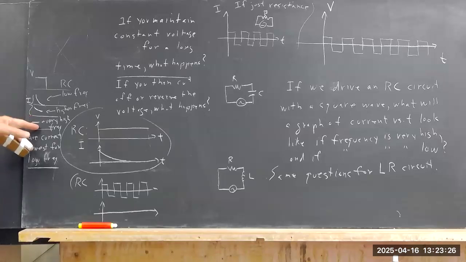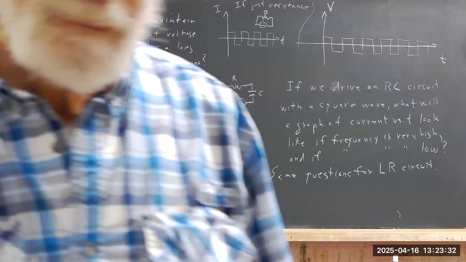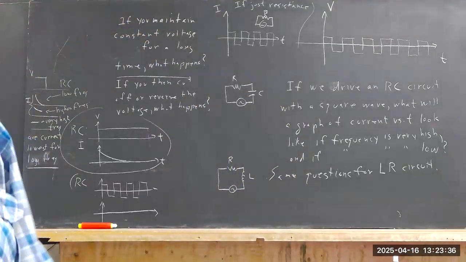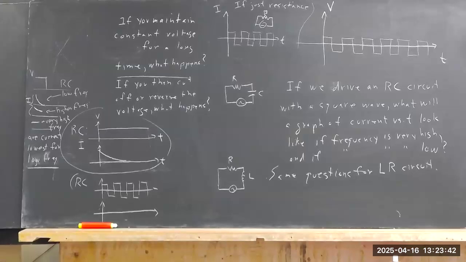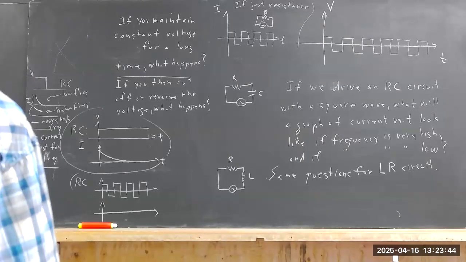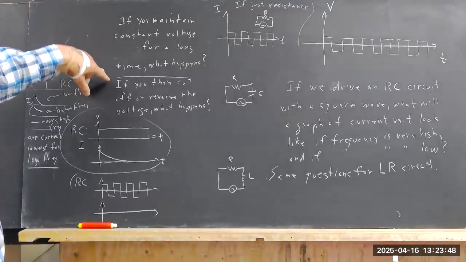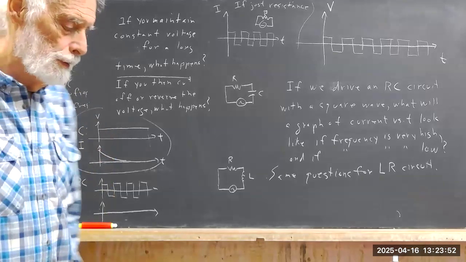And if it's like this, well, it just drops to zero, because you've got no driving voltage. Actually, that's not true with the capacitor, because you've got charge in the capacitor, and it'll drive the current the other way. We'll talk about what happens after that. What's the situation with the inductor?